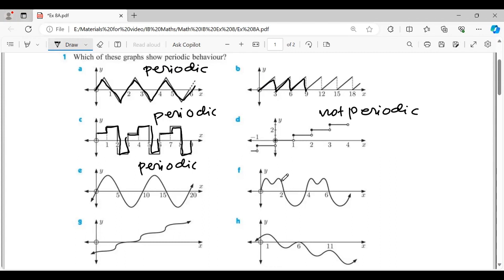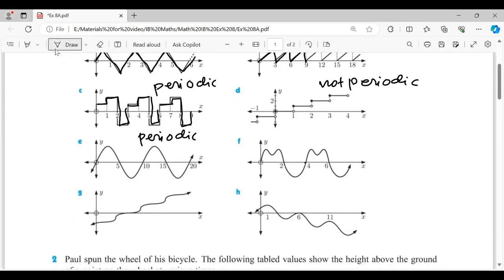About F, F as well is a periodic graph. It repeats until here, repeat. So about G, G is not a periodic graph, and as well H. Why? Because the G and H graphs never repeat, never return from the origin, from the first coordinate point.